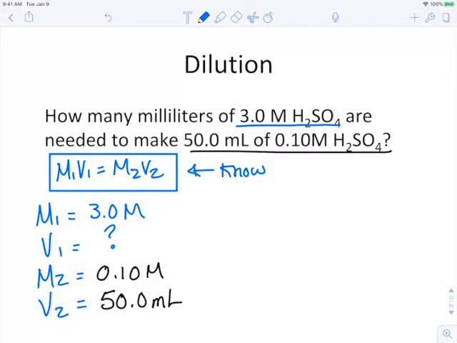Again, for the volume, you're welcome to leave it in milliliters. If you put V2 in milliliters, V1 comes out in milliliters as well. Some people are like, no, I must be in liters, and if you want to, you can, but I would just leave that in milliliters. All right, so now we're going to plug into our formula. M1V1 equals M2V2, with M1 being 3.